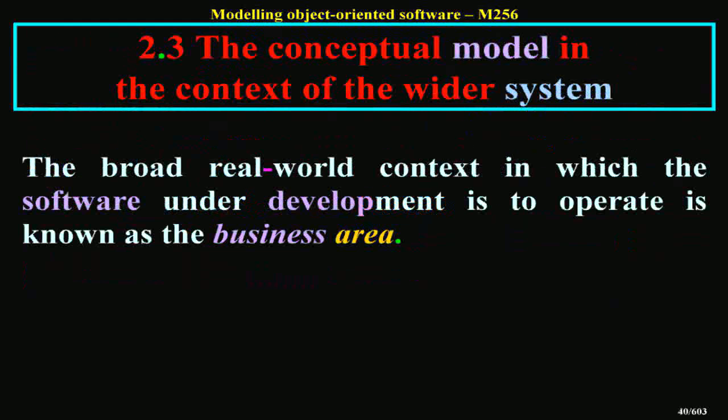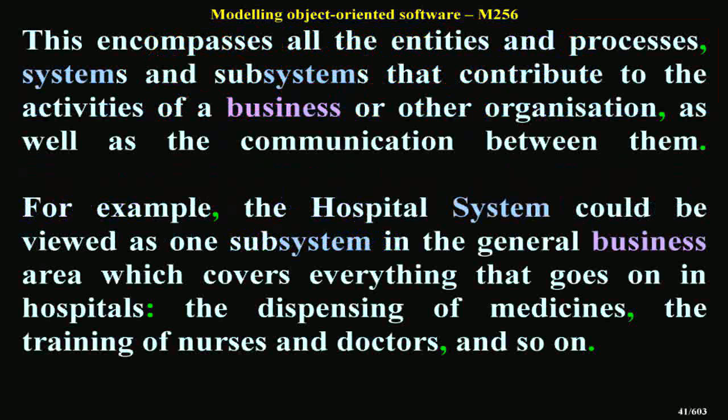2.3. The conceptual model in the context of the wider system. The broad real-world context in which the software under development is to operate is known as the business area. This encompasses all the entities and processes, systems and subsystems that contribute to the activities of a business or other organization, as well as the communication between them.